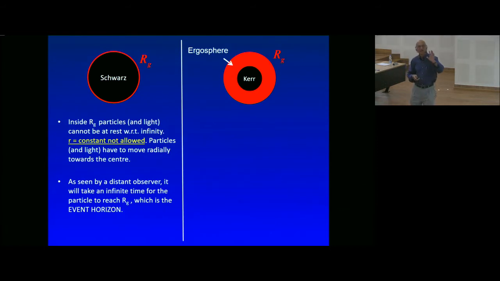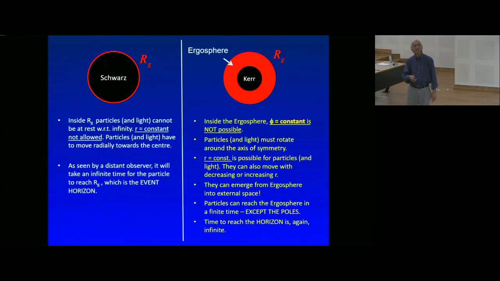Okay, now let us see what the properties are in the Kerr case. Inside this ergosphere, you are inside Rg, the same Rg, phi equal to constant is not possible. In other words, a particle has to necessarily move. Particles and light must rotate around the axis of symmetry. r equal to constant is possible for particles and light inside the ergosphere.